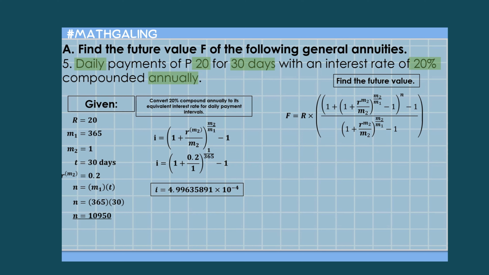It depends on the answer in the I. So it is R times 1 plus I, close parenthesis, then 1 plus R over M sub 2, raised to the power of M sub 2 over M sub 1, minus 1, raised to the power of n, minus 1, over 1 plus R over M sub 2, raised to the power of M sub 2 over M sub 1, minus 1.